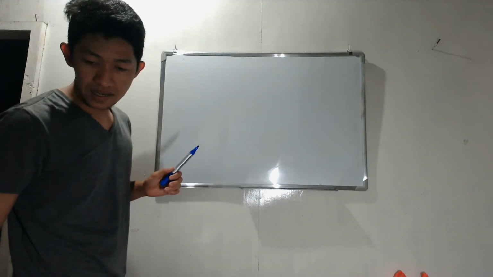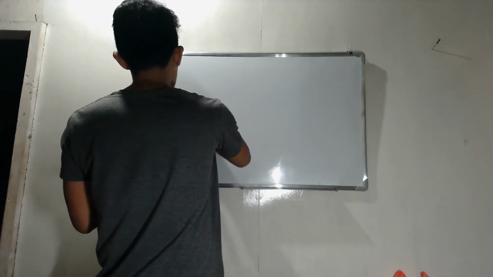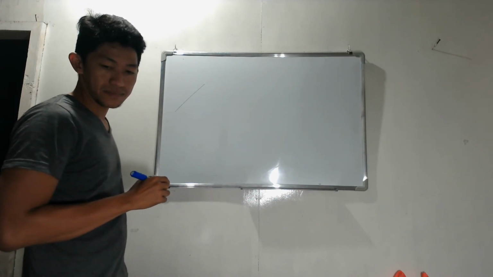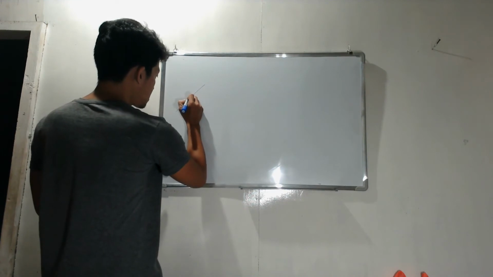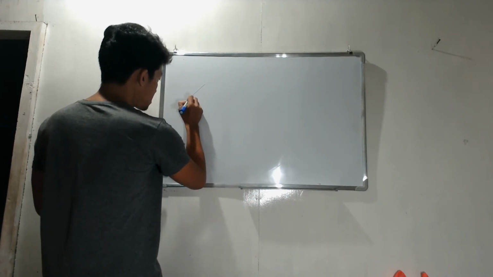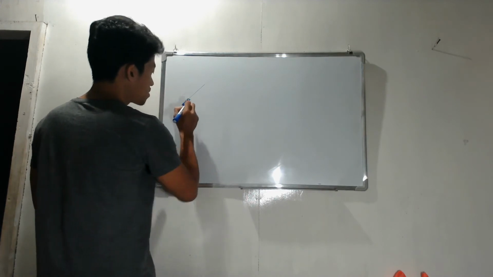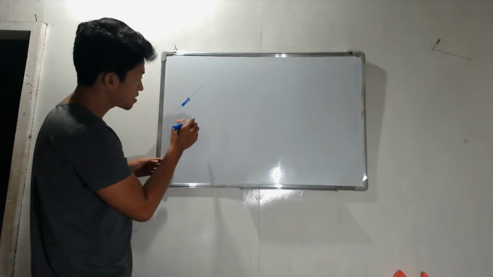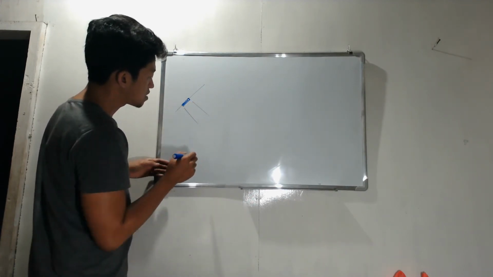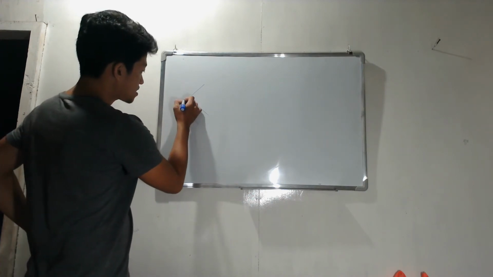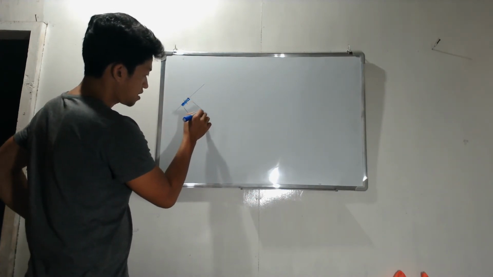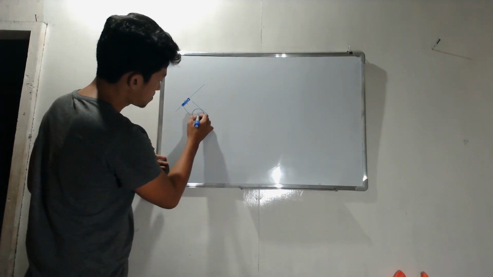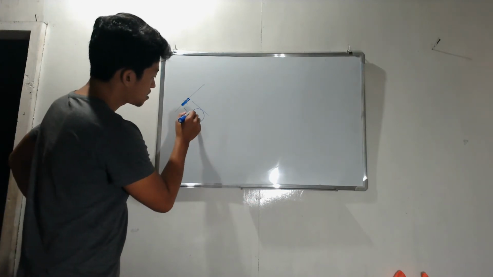By the way, this is the illustration. Okay, you have this dam, and then somewhere here you have a circular gate. For a circular gate, the centroid is here.